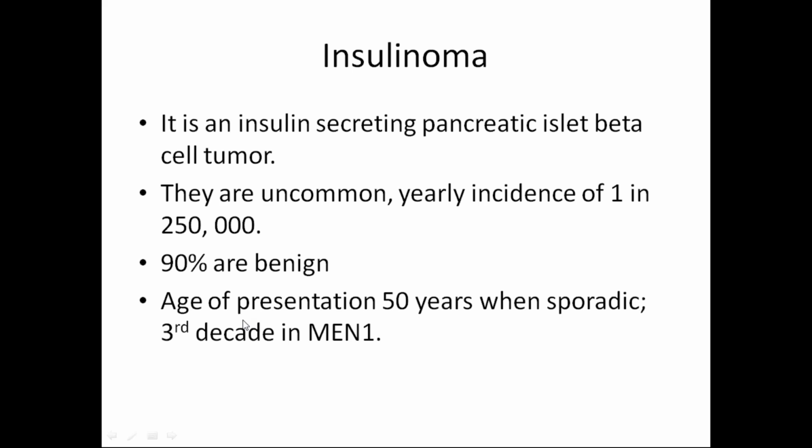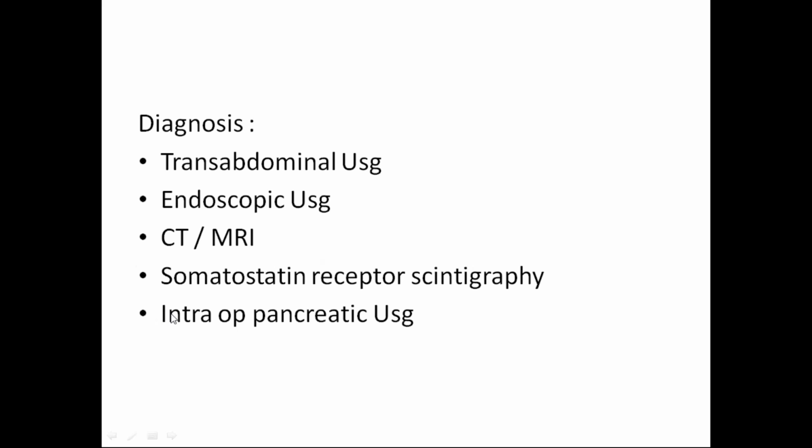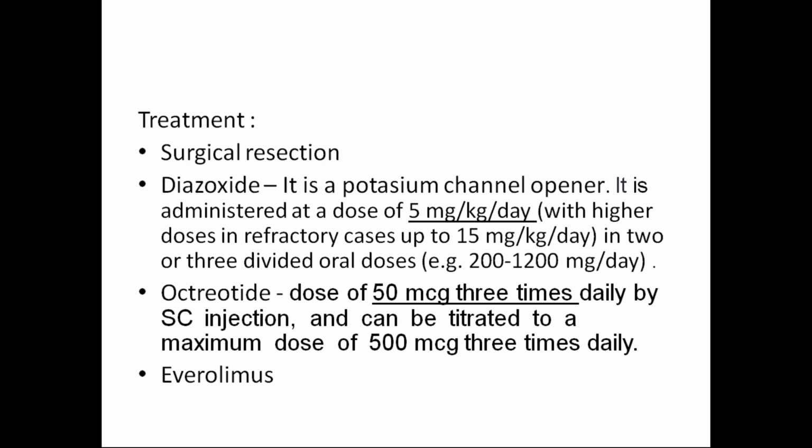They are diagnosed by ultrasound, CT, MRI, and somatostatin receptor scintigraphy. We can also diagnose it with intrapancreatic ultrasound, like in the OT, where they just use a pancreatic ultrasound to find the tumor. Treatment is by surgical resection. A drug we can use for this condition is diazoxide. It is a potassium channel opener.